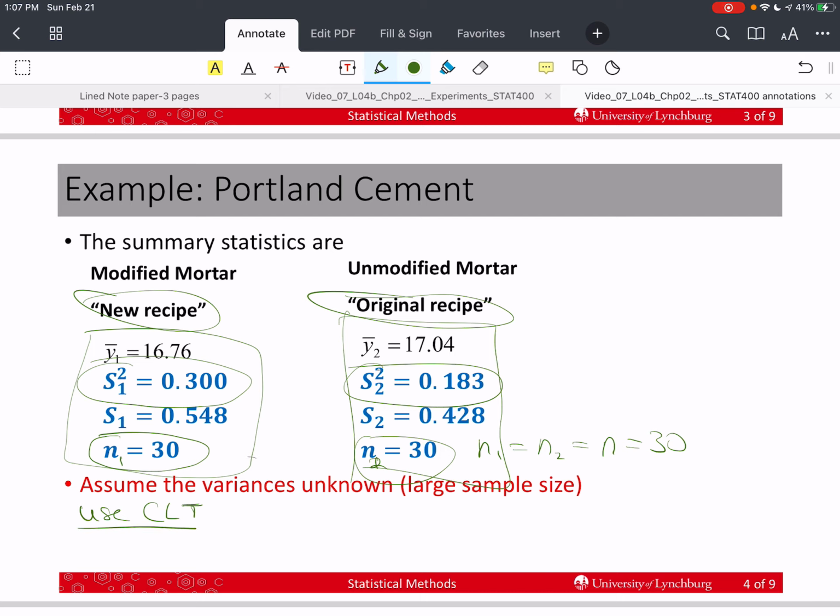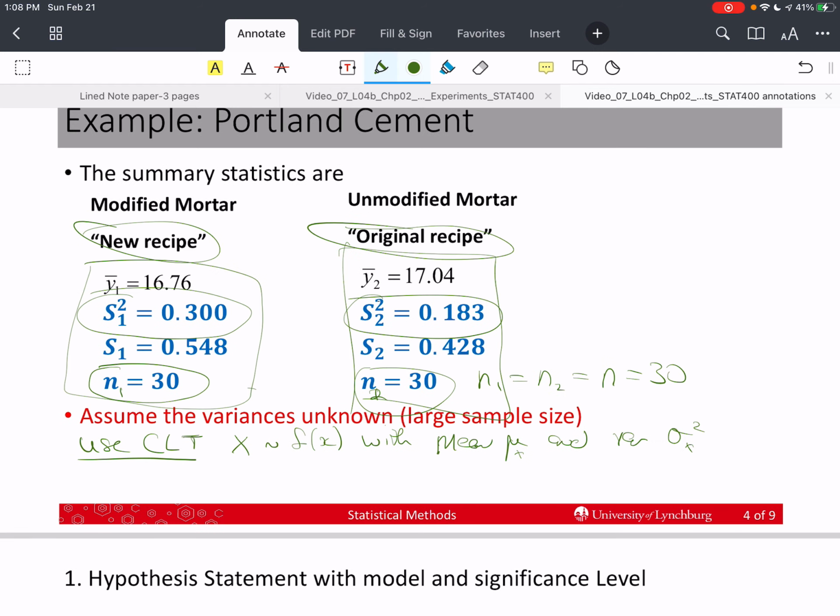So when we use the CLT, we would say that X has a distribution function, we don't know what it is, f of X, with mean mu of X and variance sigma squared of X. Then X bar is approximately normally distributed with mu of X and sigma squared of X over N as the variance of the X bar.